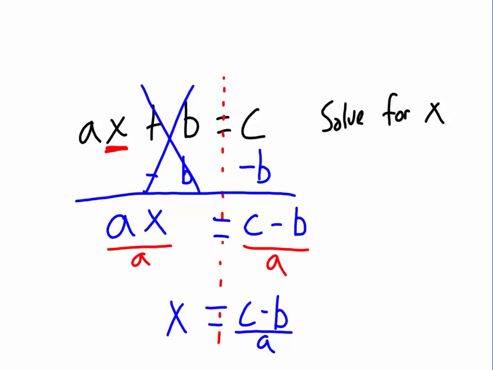Now some people might write that C over A minus B over A, and that's still correct. I just like it in the simple form, so I write it just C minus B over A.